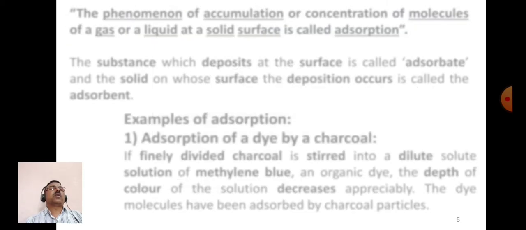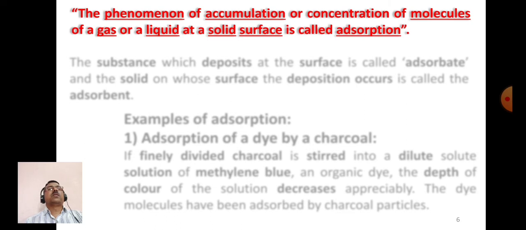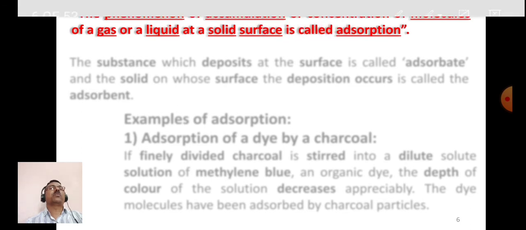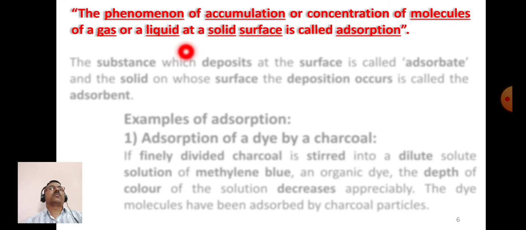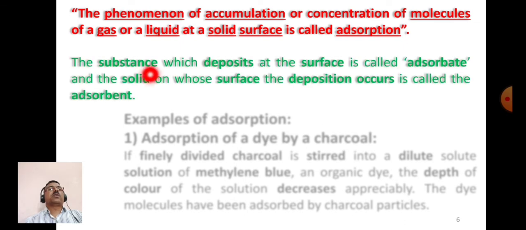So the definition for adsorption can be given like this: the phenomenon of accumulation or concentration of molecules of gas or liquid at a solid surface is nothing but adsorption, whereas the substance which deposits at the surface is called the adsorbate, and the solid substance on whose surface the deposition occurs is called the adsorbent.